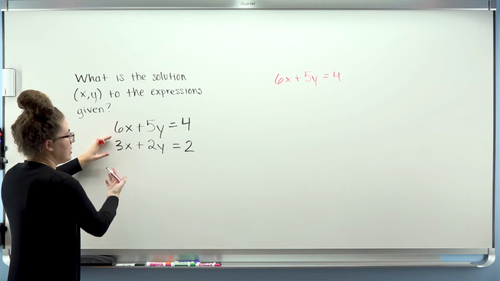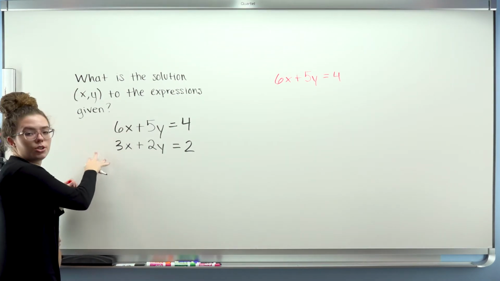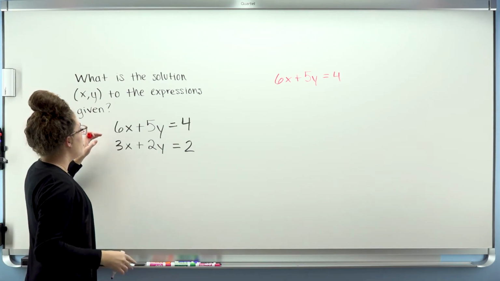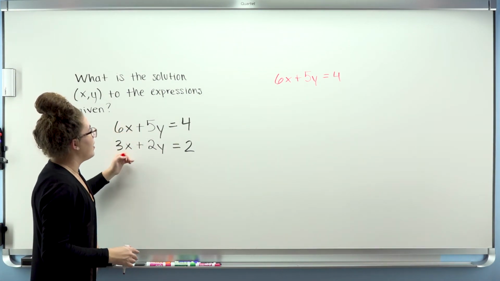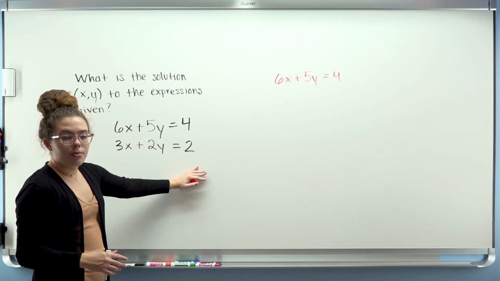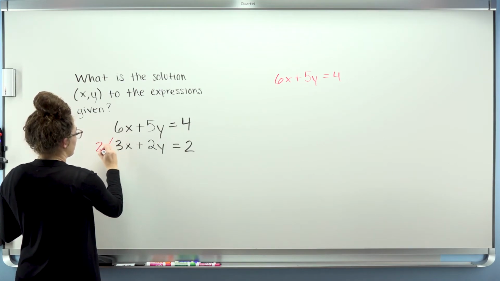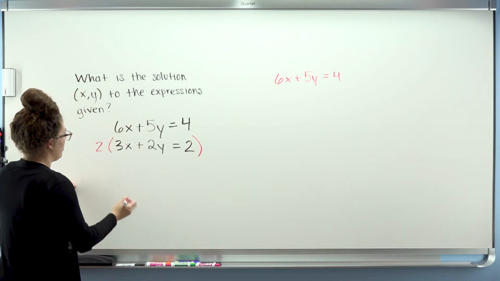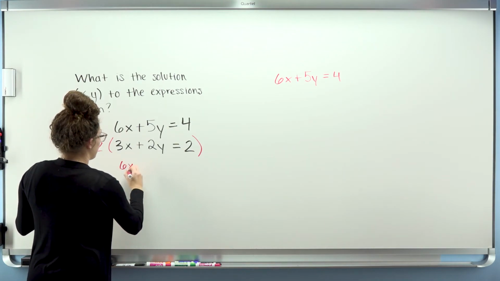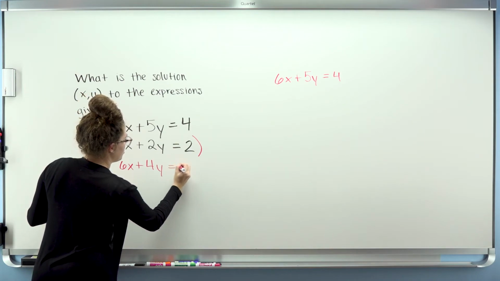And when you get 6x over here, if we were to subtract these two equations, right, this would cross out and you would get 0 here. And then you could solve for the y value. Okay? So by doing this across the whole problem, you would get 6x plus 4y is equal to 4.